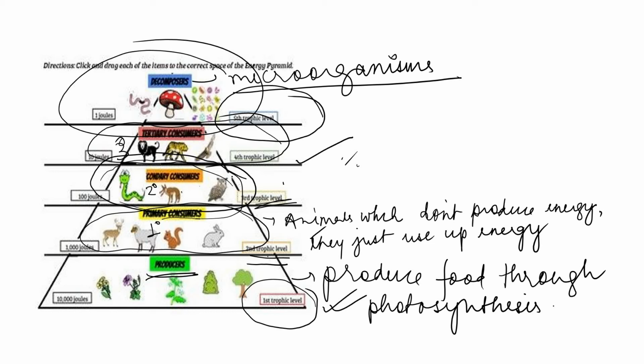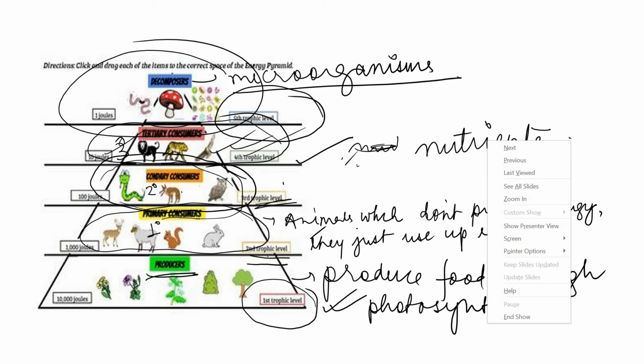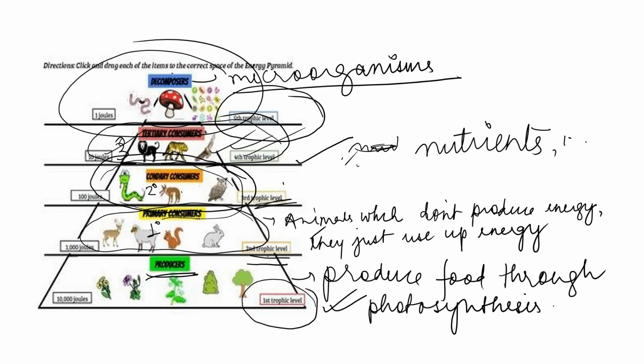When they decompose, what will happen is they will release energy. Obviously, when these fat cells, everything will get decomposed in the soil, then they will release nutrients. The dead and decaying matter will release nutrients and mineral salts.